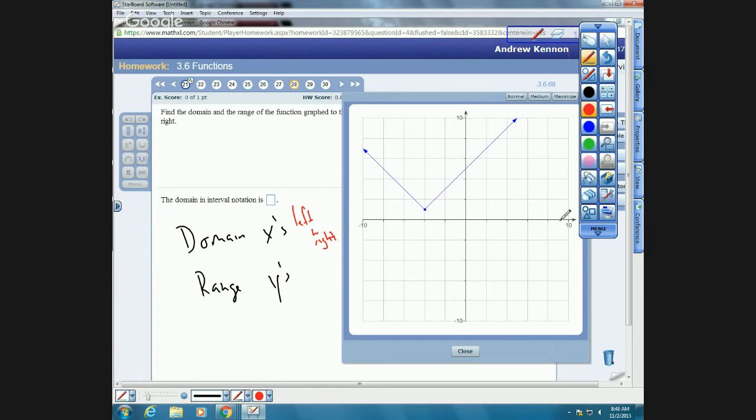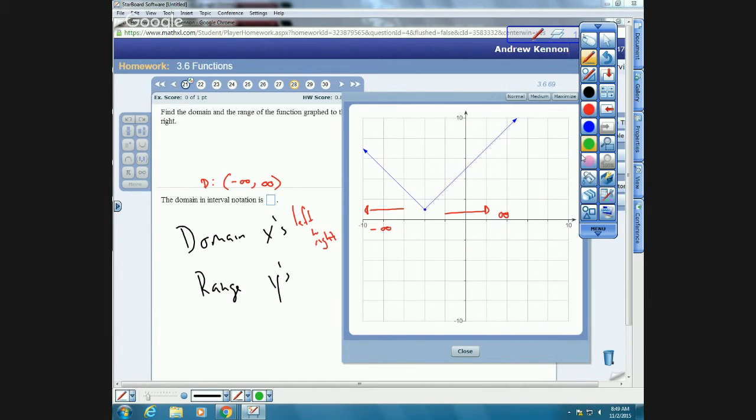It goes forever to the left, toward the negative numbers, so negative infinity. How far right does it go? It goes to positive infinity. So my domain of this graph is negative infinity to positive infinity.